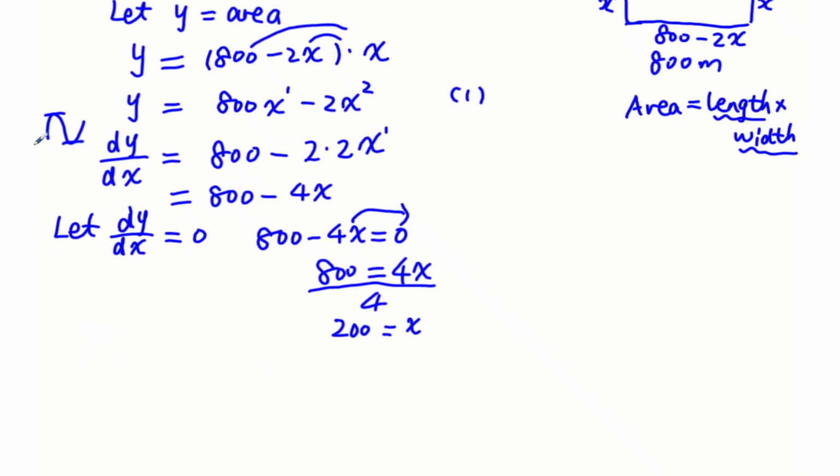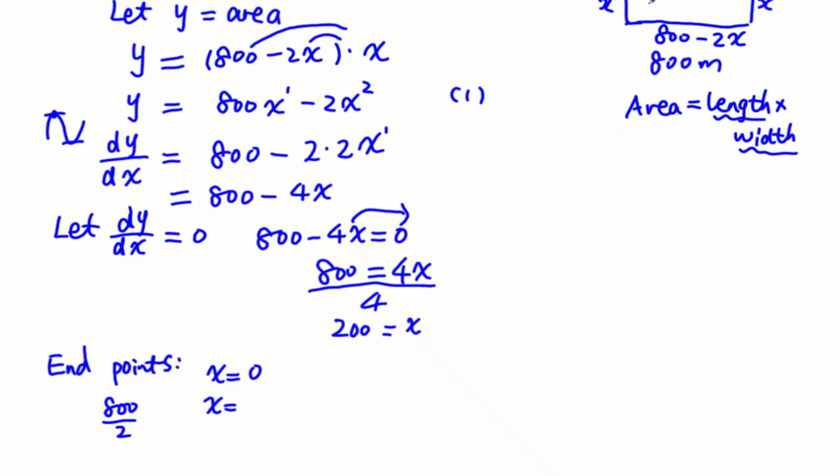This is a slope equals 0 point. Also, we have to check the endpoints. So for the endpoints, x starts from 0, then the maximum will be 800 divided by 2.